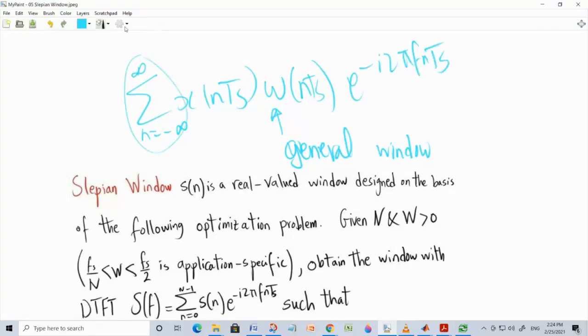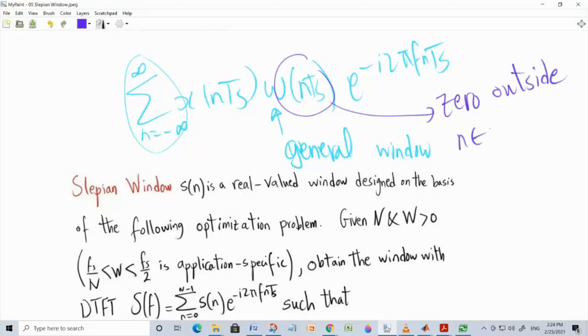To make this summation finite, the window must be 0 outside a finite set. So the window in the time domain should make your summation have a finite number of terms.